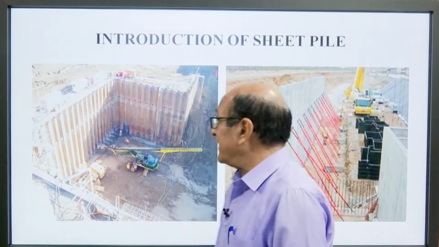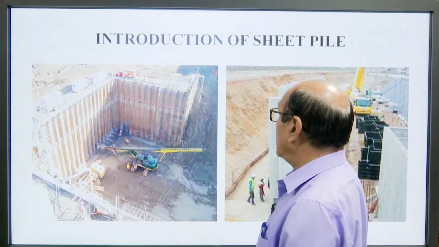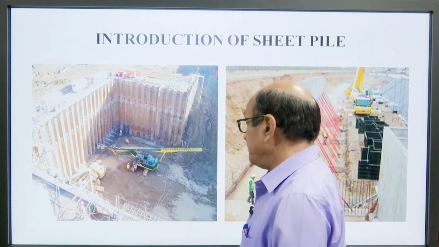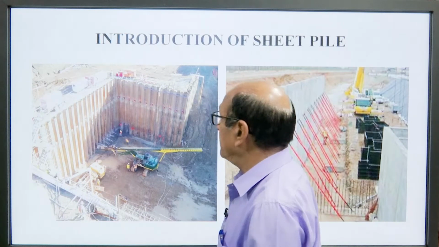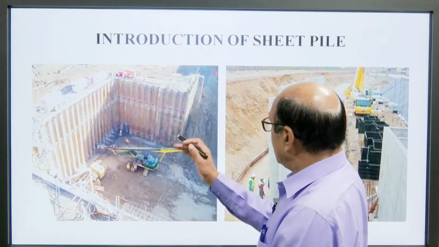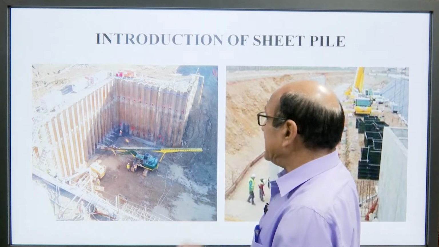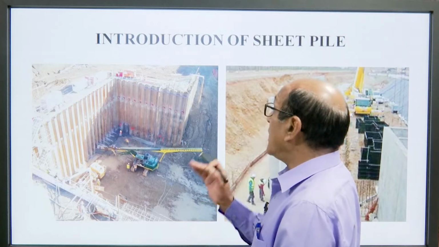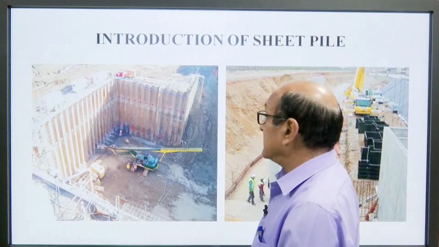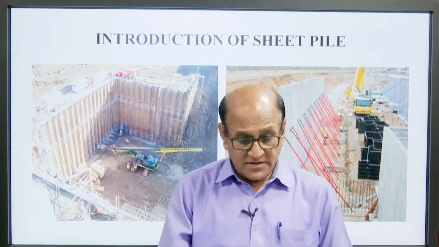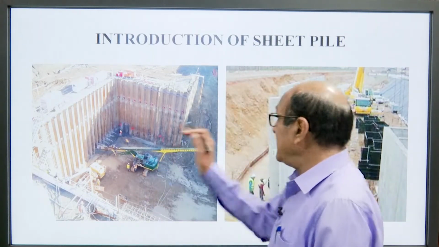We can see here this is a sheet pile. This is made of timber. We can very easily see a trench has been dug, and to support the side earth, timber sheet piling has been done here.